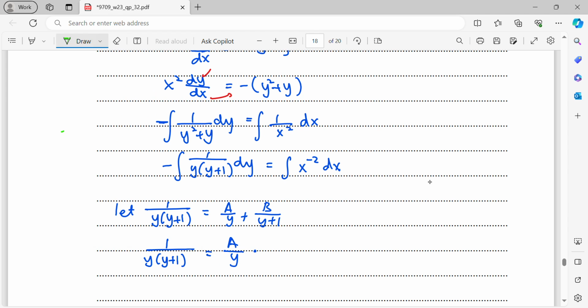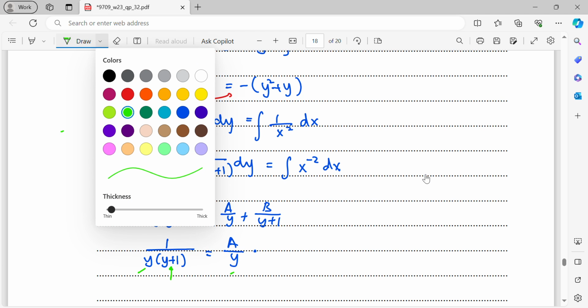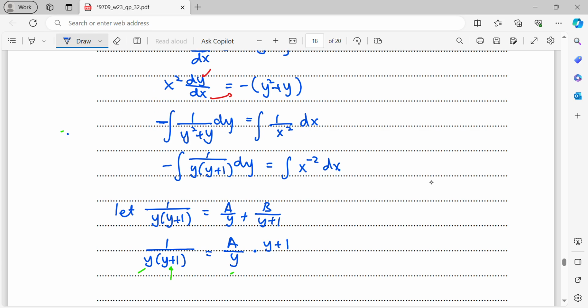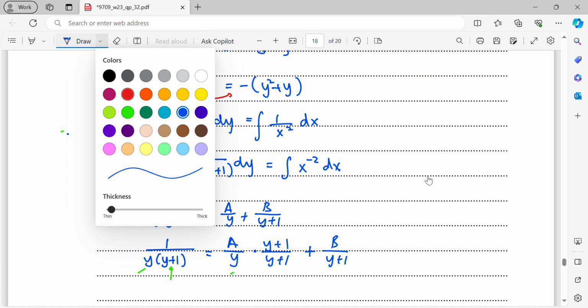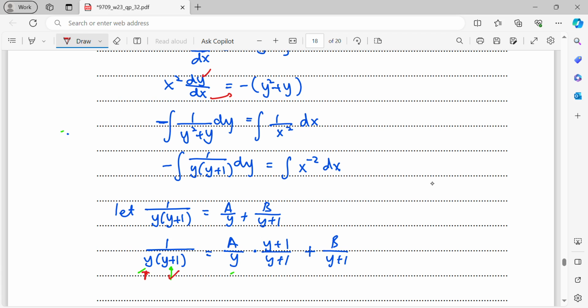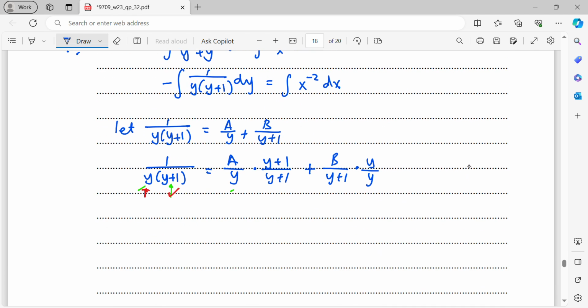So you are given y, so you need to times y plus 1 for the right hand side. So I times y plus 1 and divide by y plus 1. Then plus b over y plus 1. Here I need to multiply with y at this moment, so you times y over y. Once you get the same denominator, I will get 1 equals a bracket y plus 1 plus b bracket y.